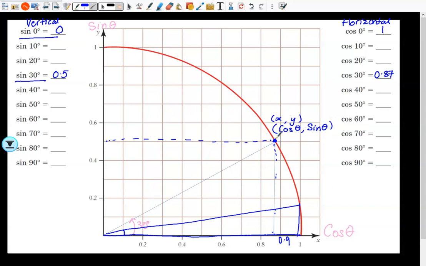And so when we're using this coordinate system, we can say that this point here, because our angle is 30, is cos 30, sine 30, and from your stuff that you've done, this is actually 0.5 and 0.87. You think, well, that's a bit obvious.